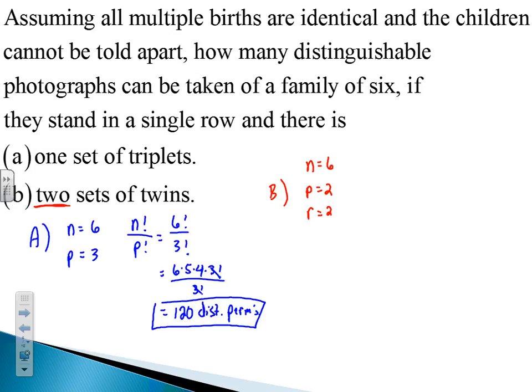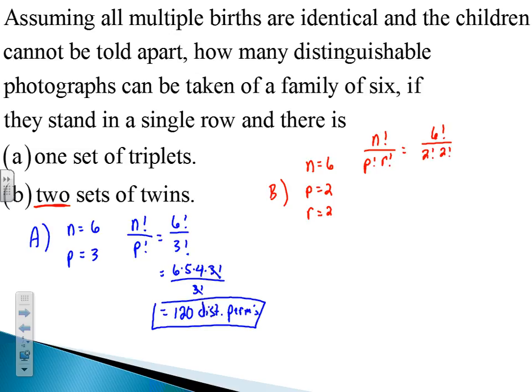So here I would set up the formula to say n factorial over p factorial times r factorial. If you wanted to say q, then that would be fine. Even if you wanted to say set 1 or set 2 and just said s1 and s2, it's whatever works for you. Here, substituting the numbers, we'll say 6 factorial over 2 factorial times another 2 factorial.